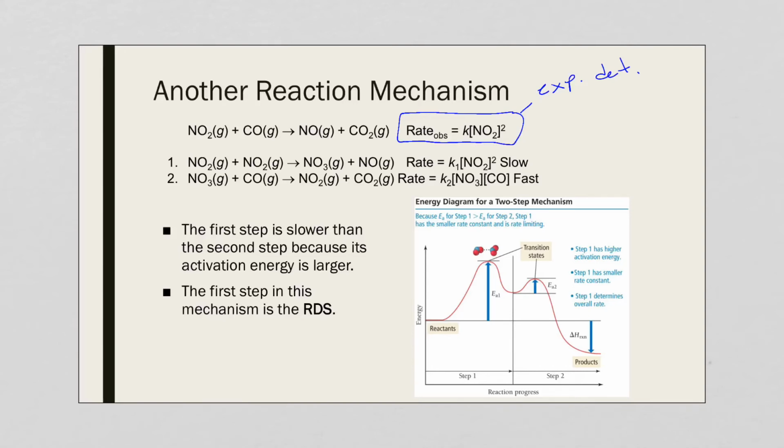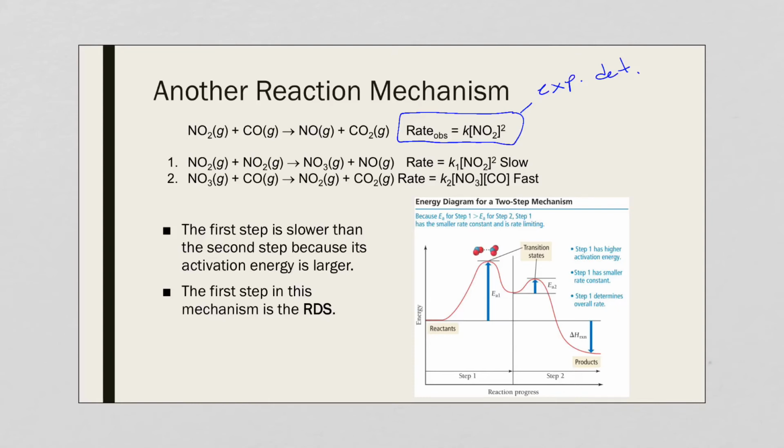Now, a potential mechanism for this reaction is as follows. This two-step process of two molecules of NO2 coming together to give you NO3 and NO, and then NO3 combining with CO to give you NO2 plus CO2.